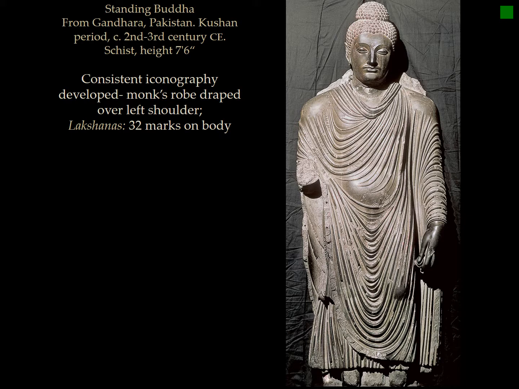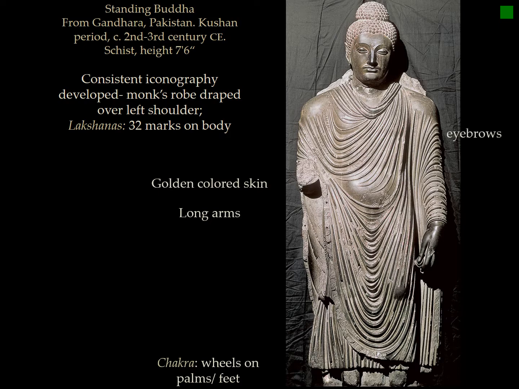The lakshanas, or 32 marks on his body, are as follows that identify him as the Buddha, not merely a Buddha. The golden-colored skin is one of these, laid out in poems and in verse, as well as his long arms. The chakra wheels are often shown on his palms and on his feet. In different poses one can see them.